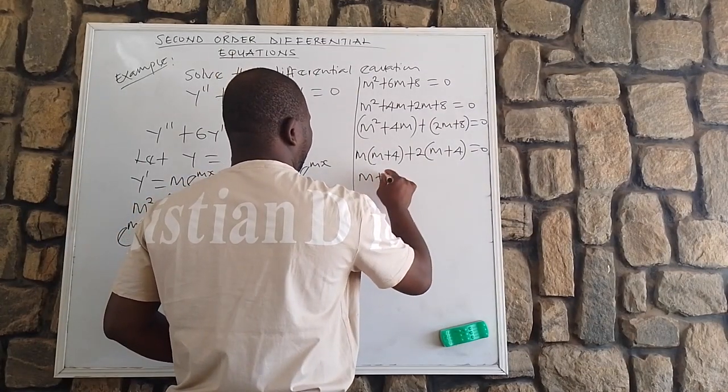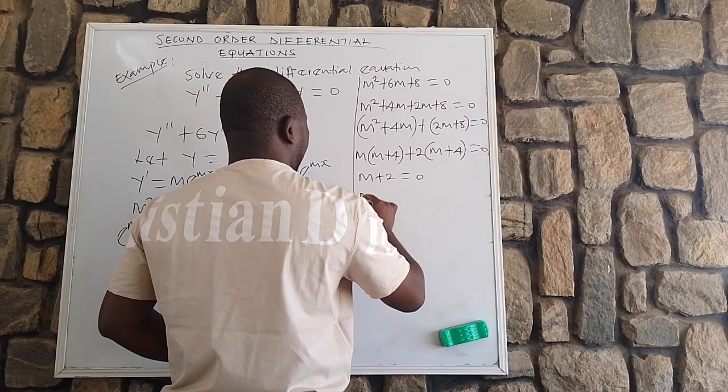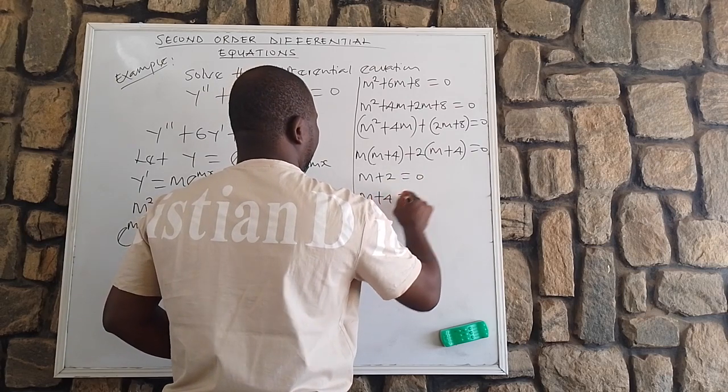So m plus 2 equals 0 and m plus 4 equals 0.